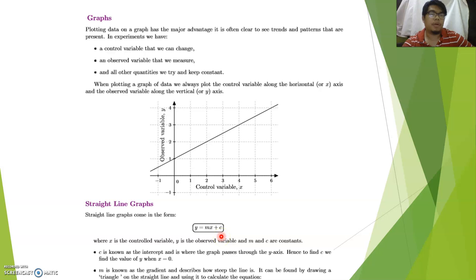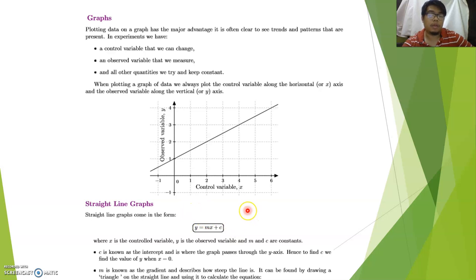And if you can recap back what we learned before, I already showed you how to find the gradient, or how to extract the information from the graph.